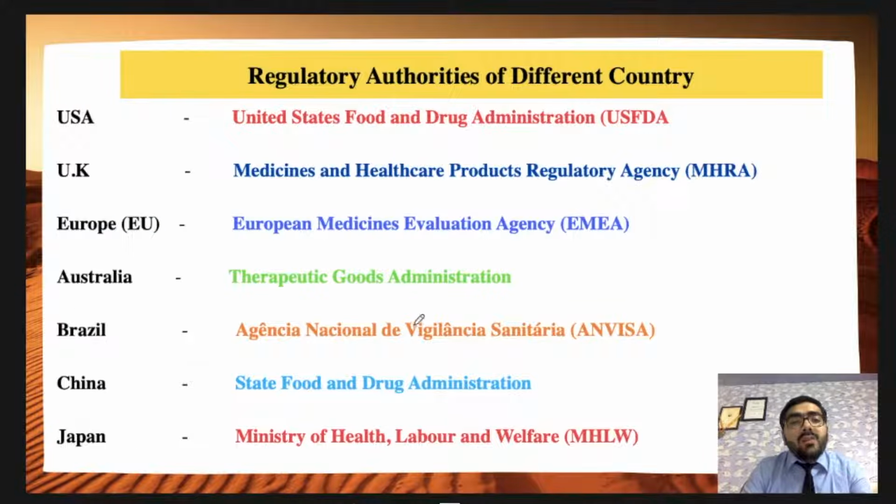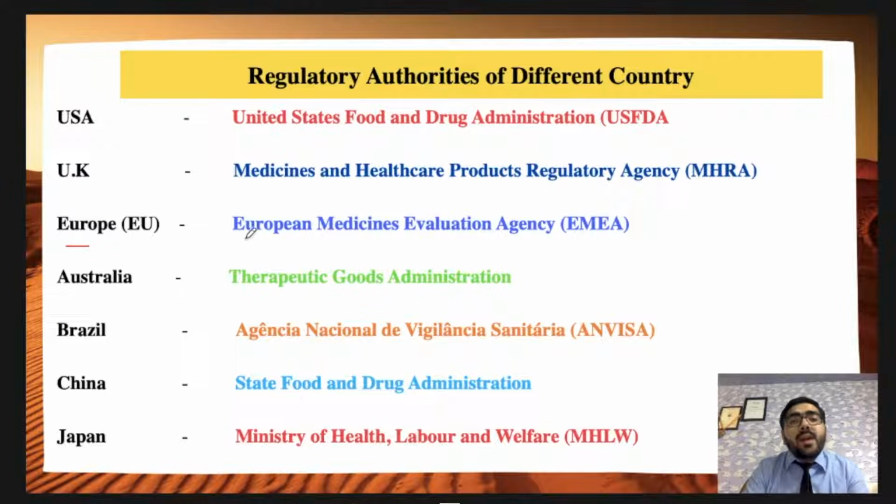Coming to the regulatory authorities of different countries: for the USA, I already told you, it is the United States Food and Drug Administration. For the UK, it is the Medicines and Healthcare products Regulatory Agency, MHRA.